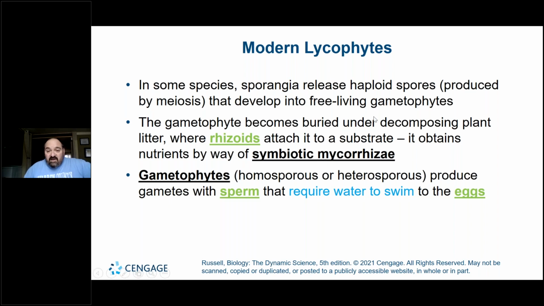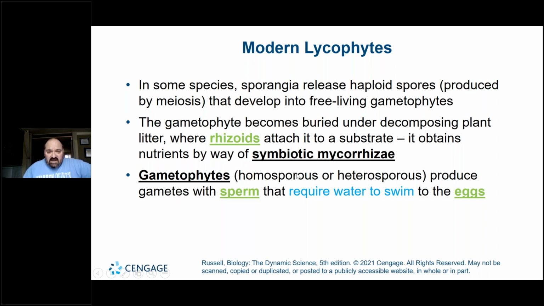The mycorrhizae, these fungi, are enabling these plants, and as we saw last week for the seed plants, the angiosperms and gymnosperms, their roots also have this relationship with the mycorrhizae and are able to expand their ability to take in nutrients and moisture. It's a very important relationship, okay?